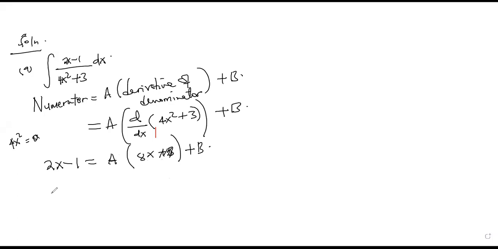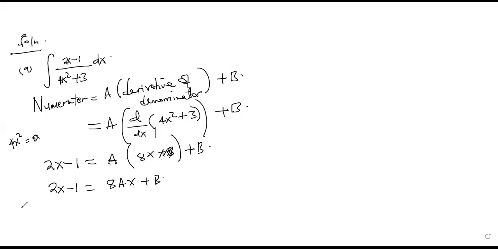Now let me rewrite it well. 2x minus 1 is equal to 8Ax plus B. Here you can equate the coefficients of x.